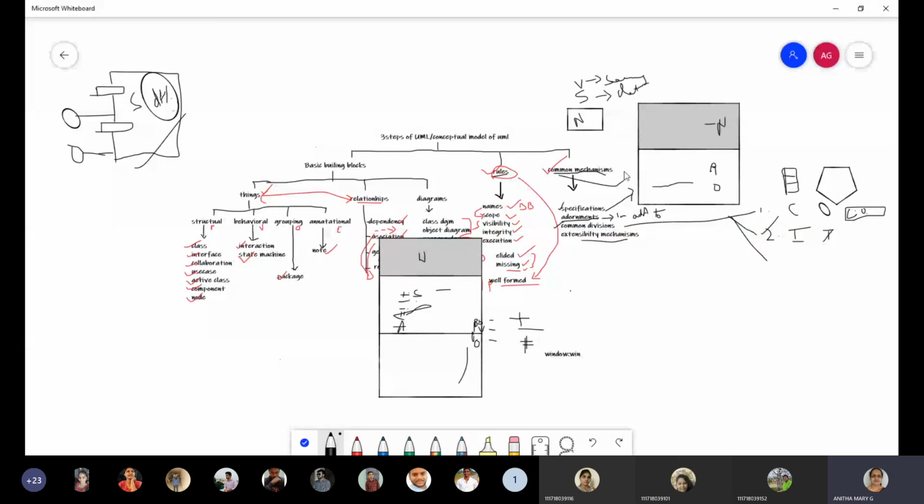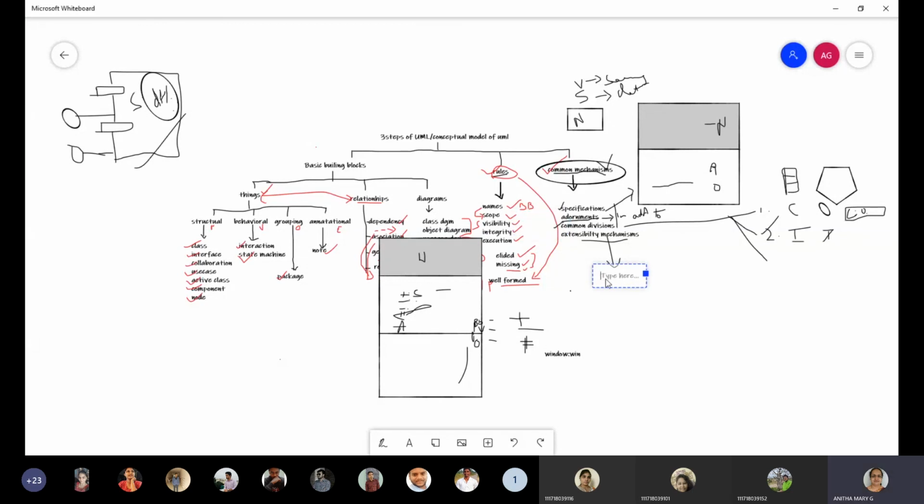Already we learned what common mechanisms are. But what are extensibility mechanisms? Though we have some mechanisms, these mechanisms can be extended in future if necessary. Extensibility mechanisms are again divided into three.